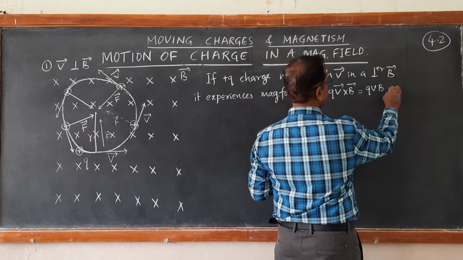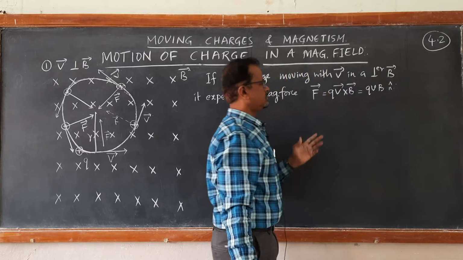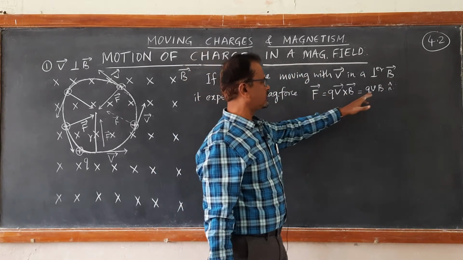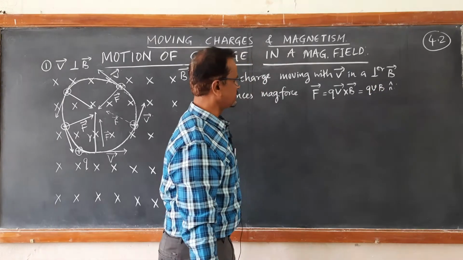The direction is given by n cap, which is perpendicular to both velocity vector and magnetic field vector.